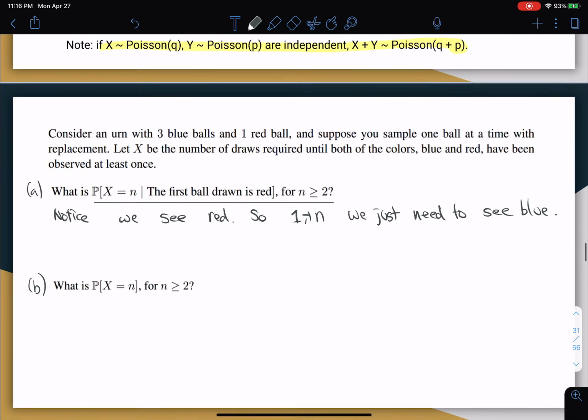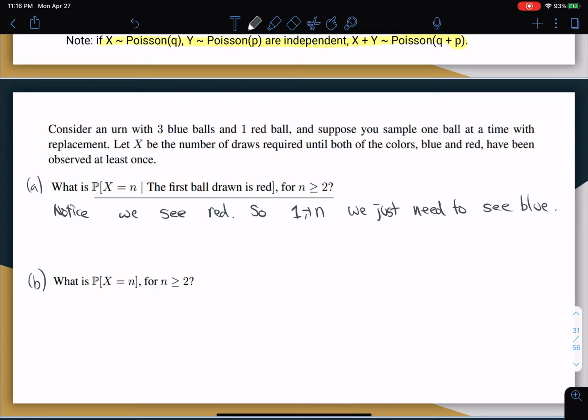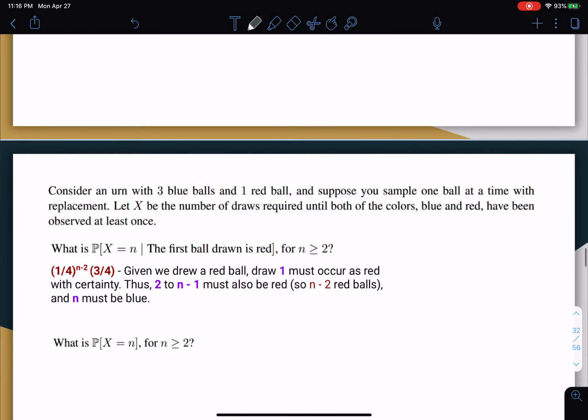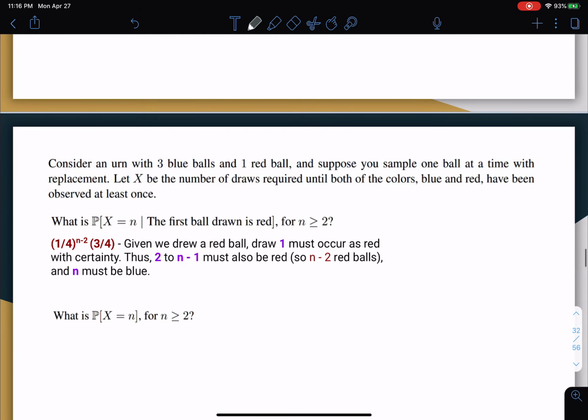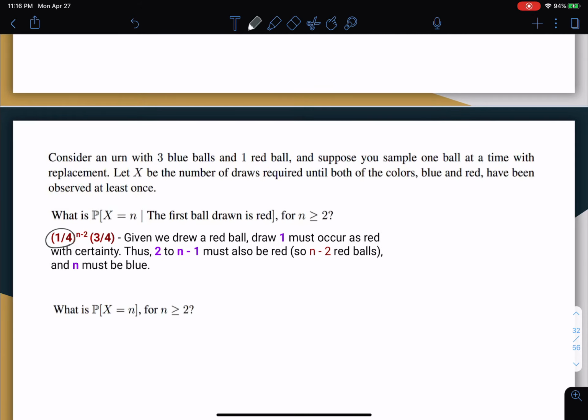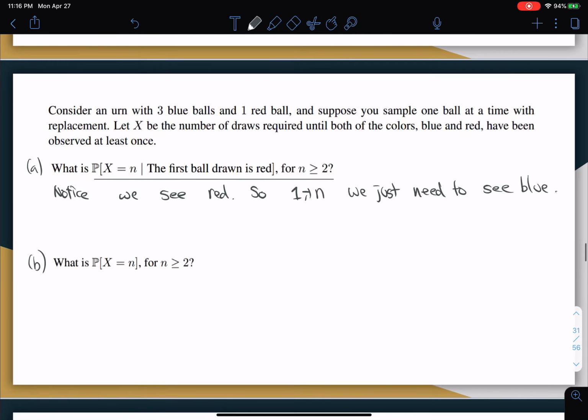Now, we see blue with a probability of 3 over 4, and we see red with a probability of 1 over 4, right? We see red with probability 1 over 4. We see blue with probability 3 over 4. Which means, I'm going to write this down. Probability x is equal to n given red is exactly this: I see red in the beginning, so I put a 1 over 4 there because that's what I've seen.